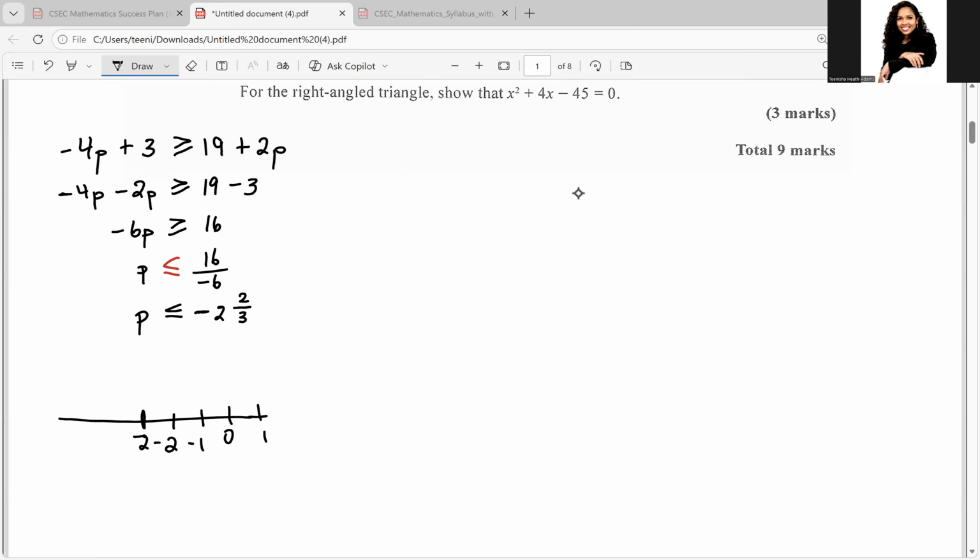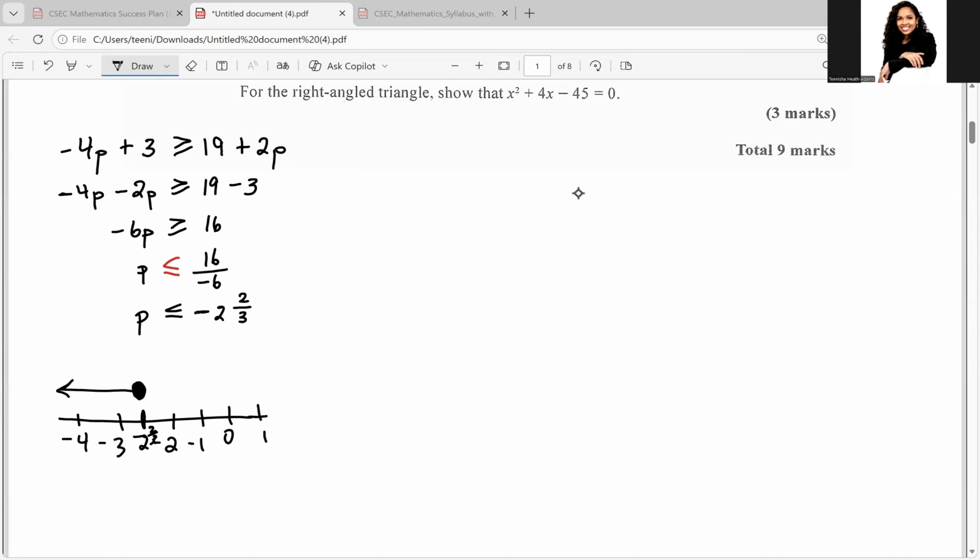And then you'll have negative 3, right? So to represent this on the number line, it'll be a shaded circle and the arrow will be facing to the left, because all of these values to the left of negative 2 and 2/3 will be less than negative 2 and 2/3.